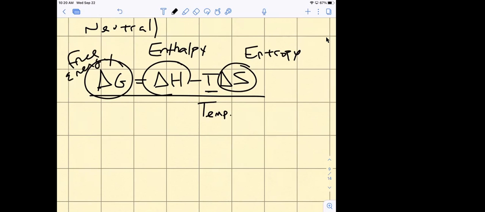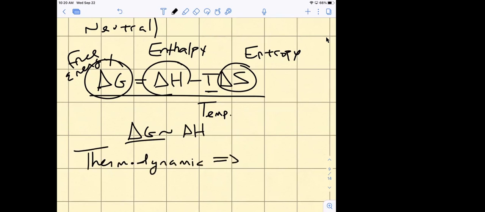So if you eliminate the entropic effects, in essence, delta G is roughly equivalent to delta H. Delta G is a thermodynamic term, and that controls equilibrium.